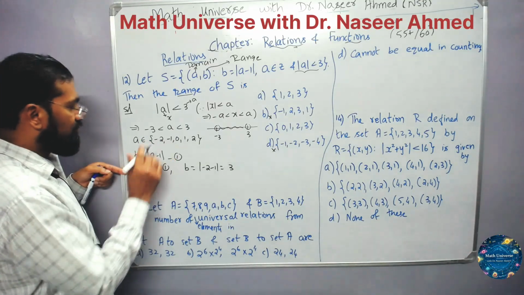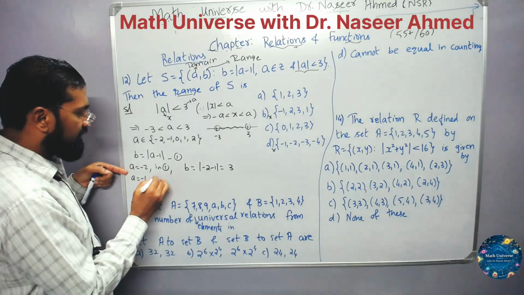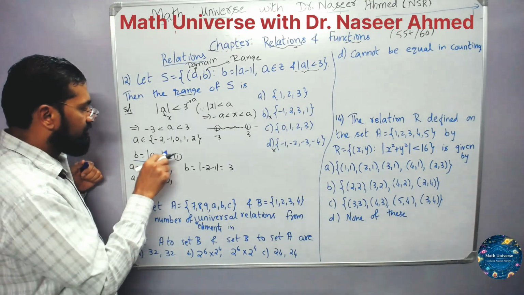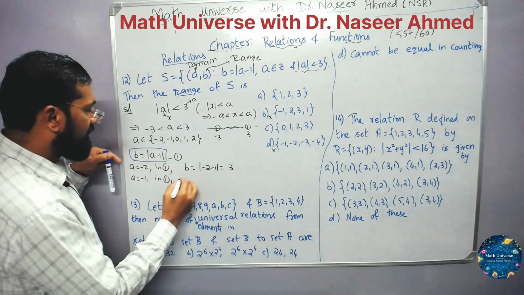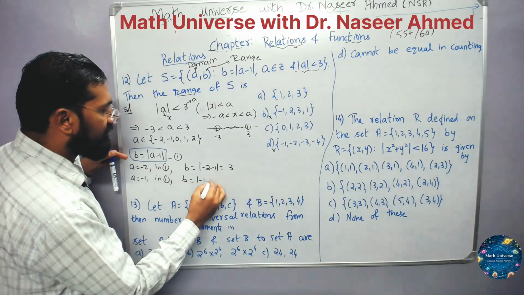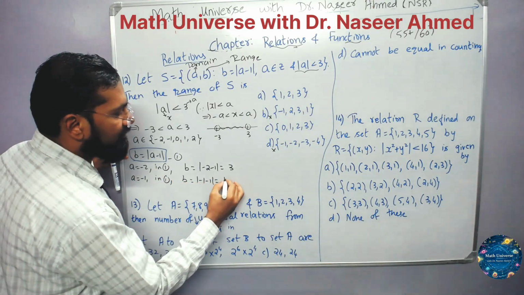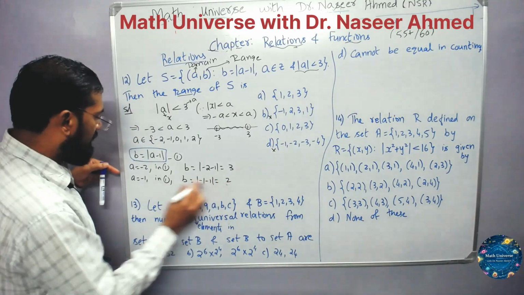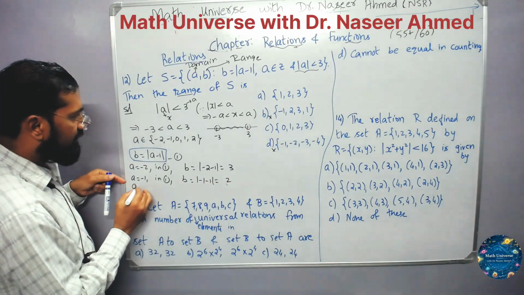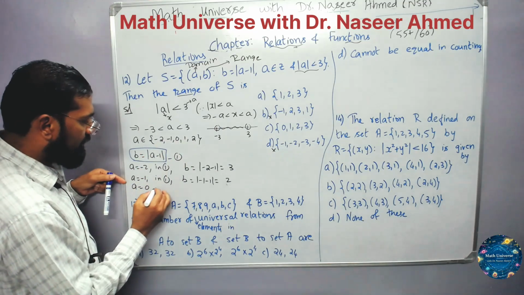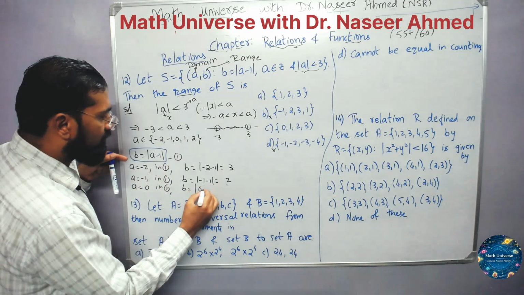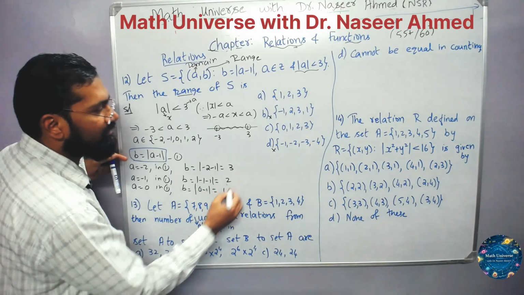Next, when a is equal to minus 1, put in equation number 1. Then b is equal to mod of minus 1 minus 1, which is mod of minus 2, which is plus 2. Similarly, when I put a is equal to 0 in 1, we have b is equal to mod of 0 minus 1, which is minus 1, and mod of minus 1 is plus 1.